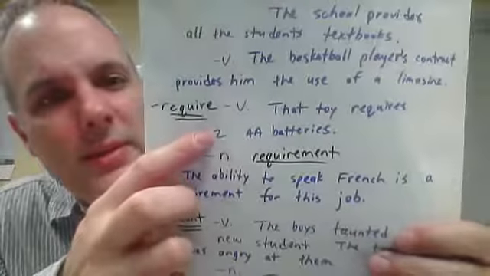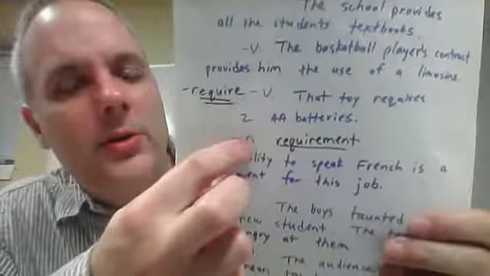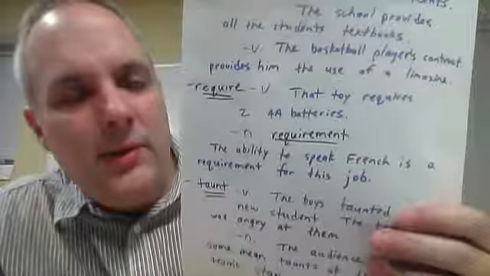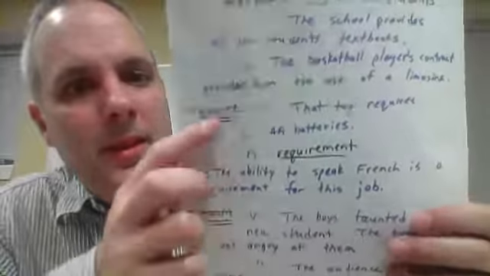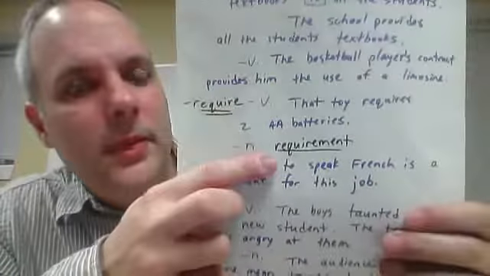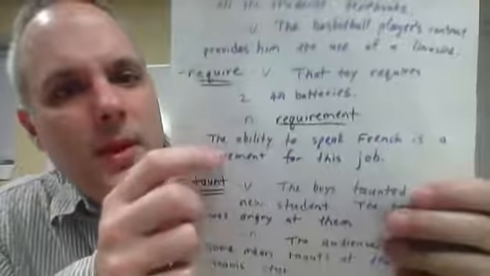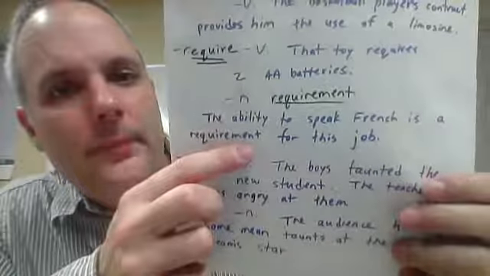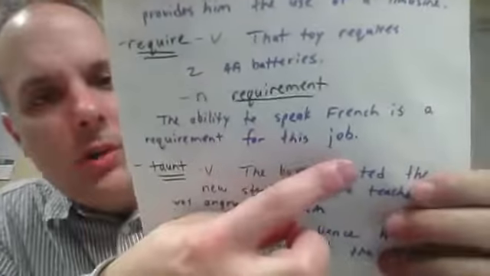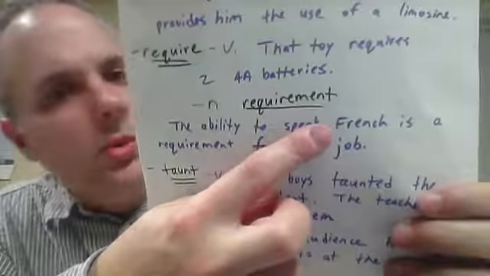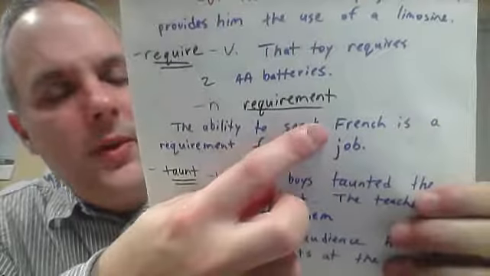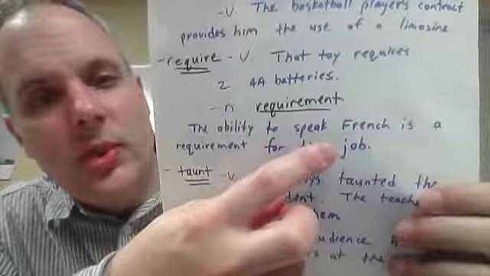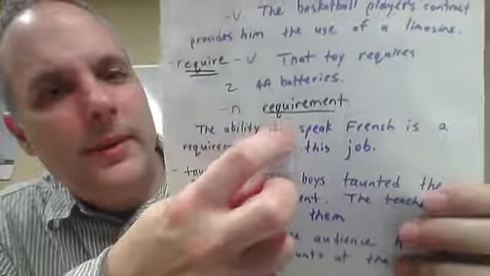Next, require. Okay, requiring means you need something. That toy requires 2 AA batteries. Okay, maybe a small toy. And the noun for require is requirement. The ability to speak French is a requirement for this job. So if you don't speak French, you cannot get this job. Speak French, maybe you'll get this job. Right? So this is a requirement.